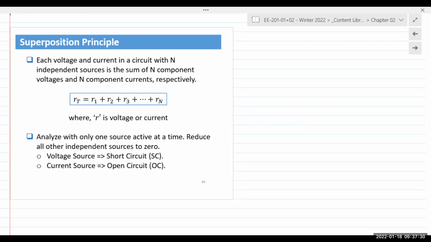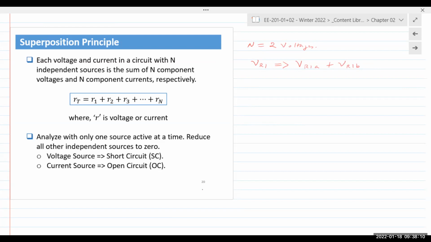For instance, if you have a circuit which has n equal to 2 sources, let's say 2 voltage sources, and you were trying to find the voltage across one single resistor R1, then VR1 is a result of both these sources working at the same time. So when you perform your analysis, you can analyze the circuit with only one source active at a time. You find the resultant component voltages and add them up.